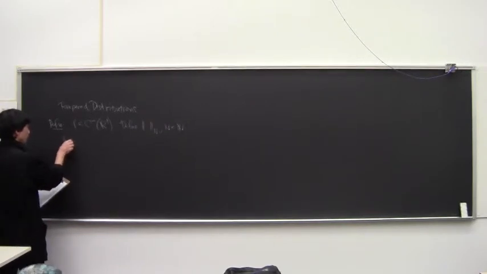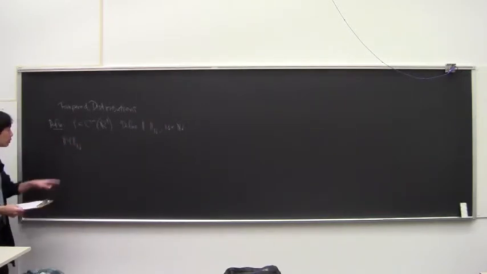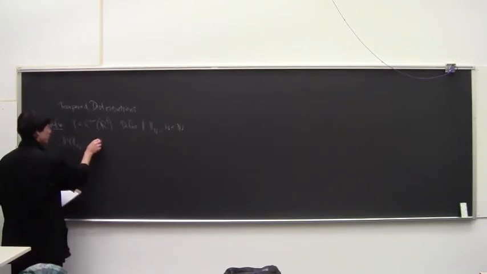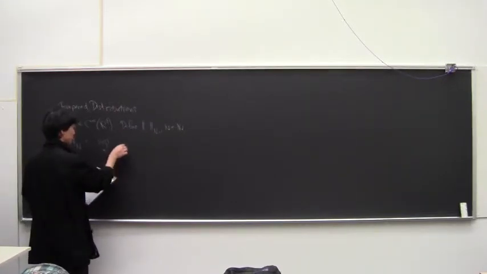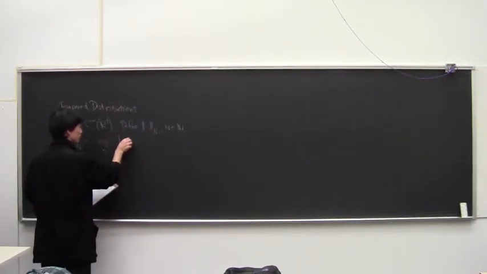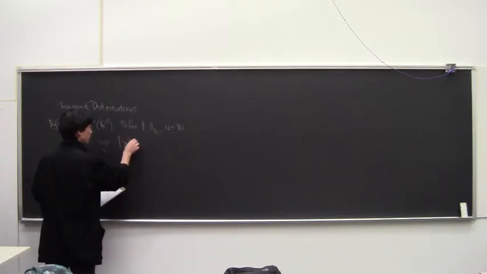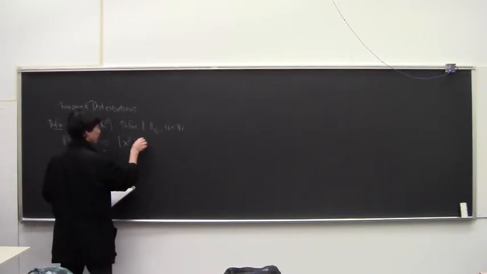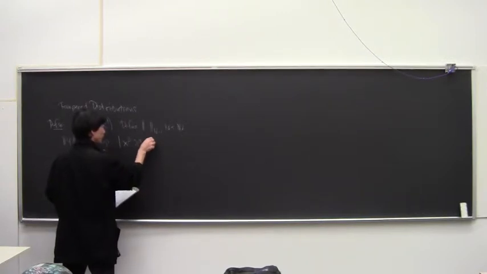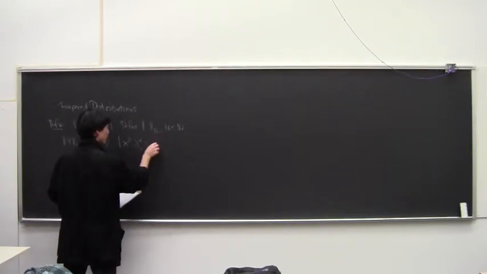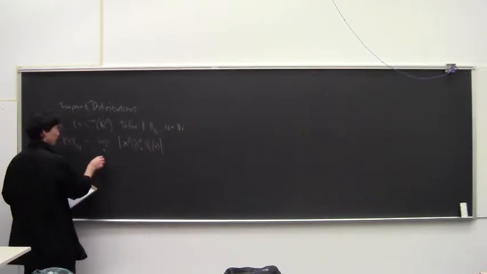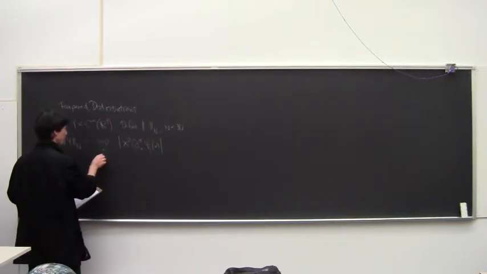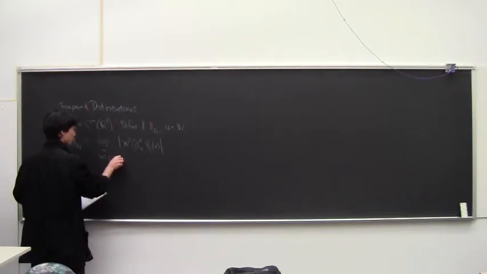These norms are defined to be the supremum over all x of x^beta times d^alpha of phi(x), and alpha and beta are multi-indices of index less than n.